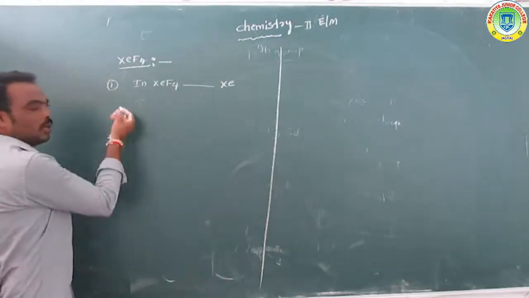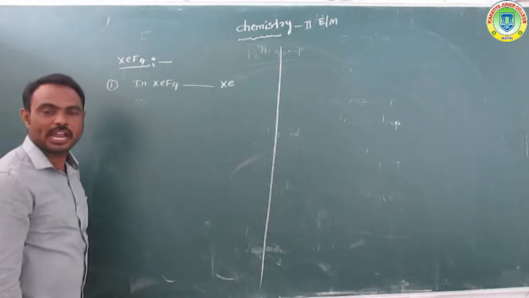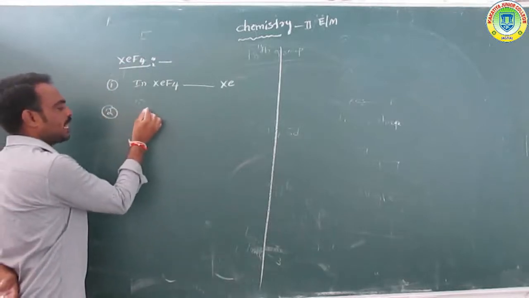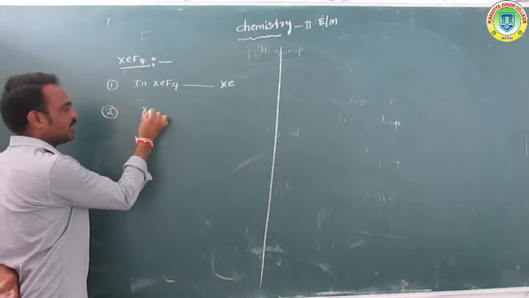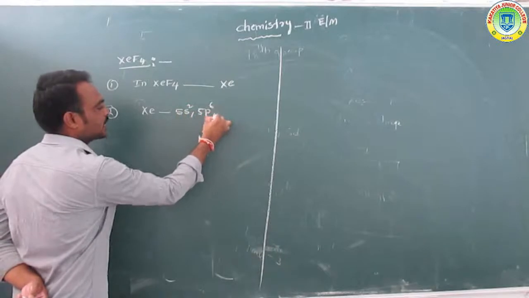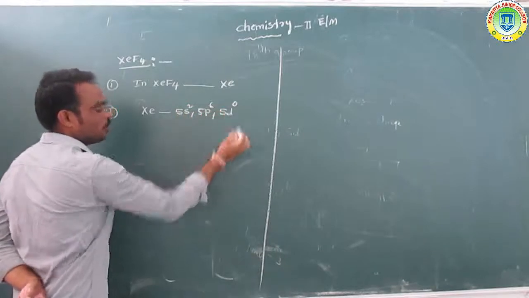So the outer shell electronic configuration of xenon is 5s2, 5p6, 5d0.